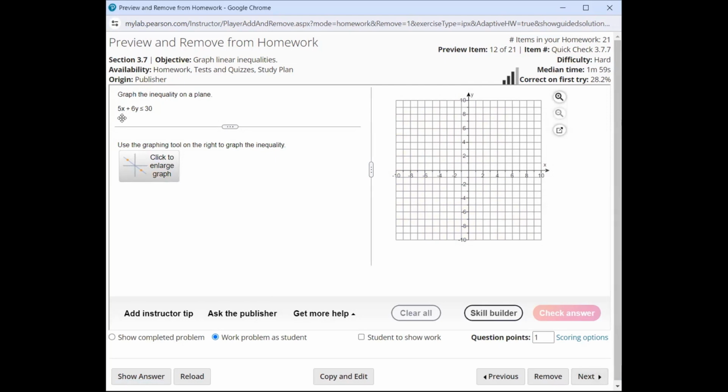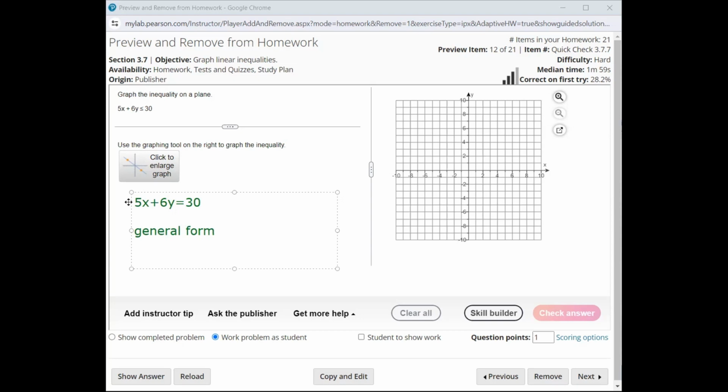The inequality is 5x plus 6y is less than or equal to 30. First step is to write it as an equality. Okay. This line is written in general form.